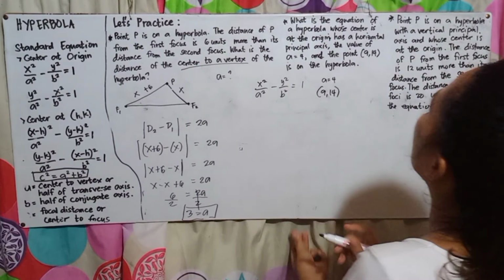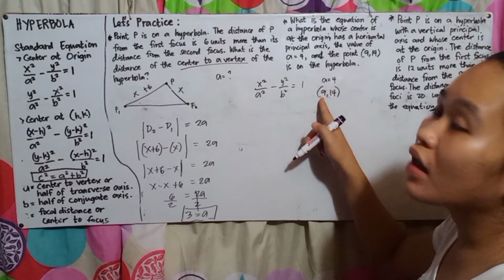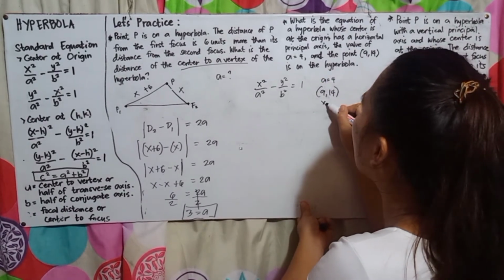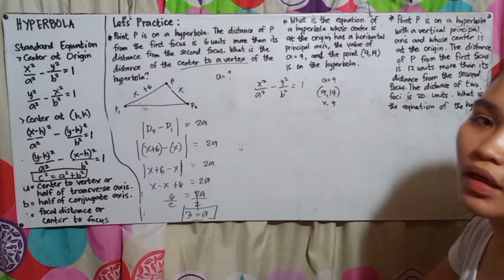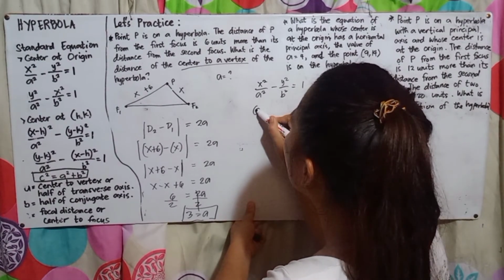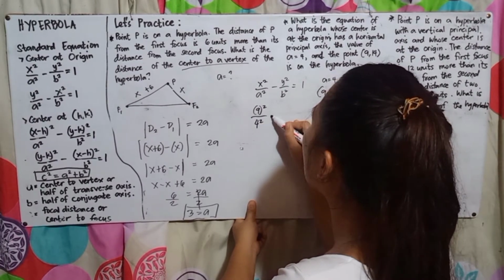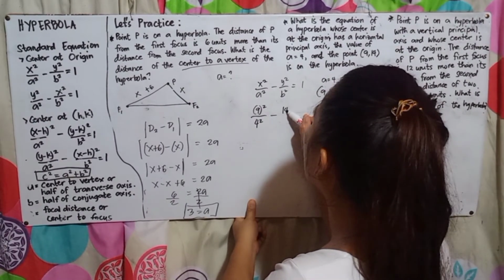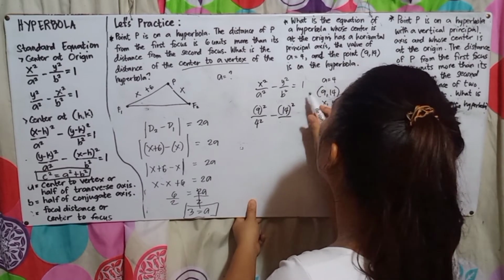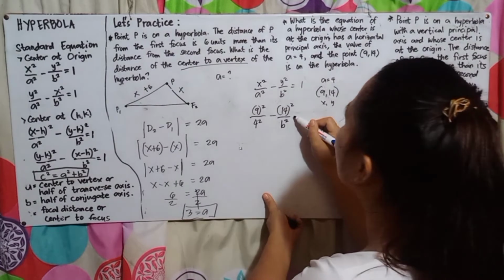And the point (9, 14) is on the hyperbola. Since we are given a point, we substitute it into the equation. x is 9 squared over a is 4 squared, minus y, which is 14 squared, over the unknown b squared, equals 1.